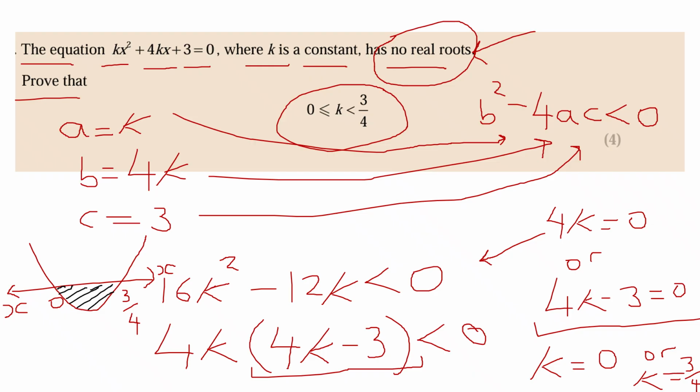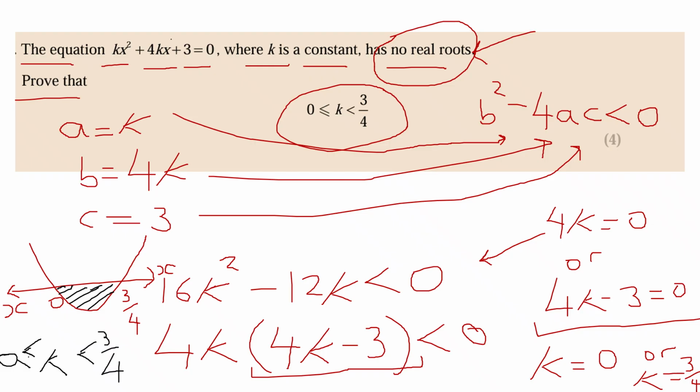So our inequality is going to be between 0 and 3/4, including 0, because when k is 0, then we don't actually have a quadratic. We actually have 3 equals 0, which is not true.